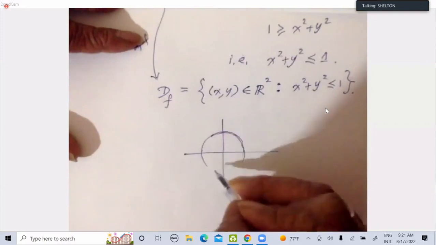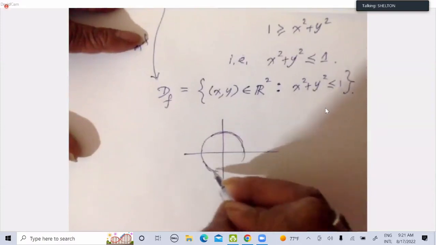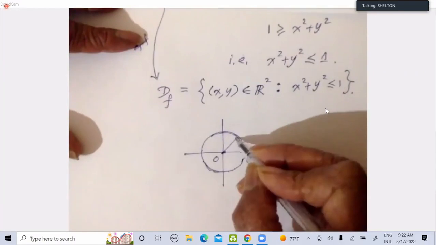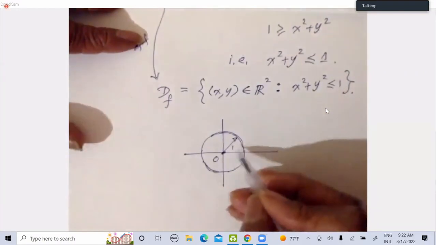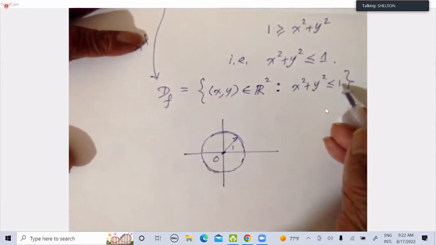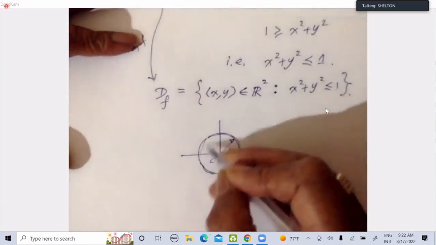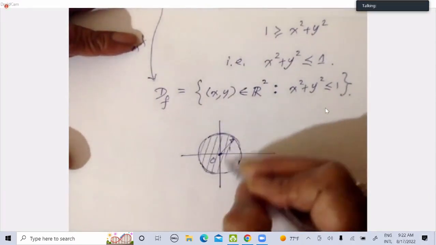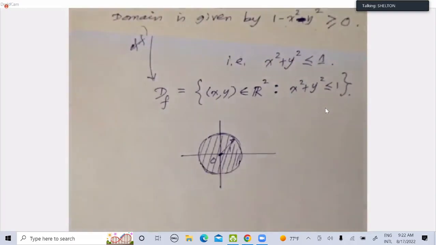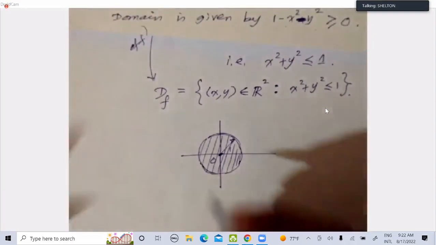Draw the circle centered at the origin with radius 1. x squared plus y squared less than or equal to 1 is the same as the points in this shaded region. I have plotted that shaded region.